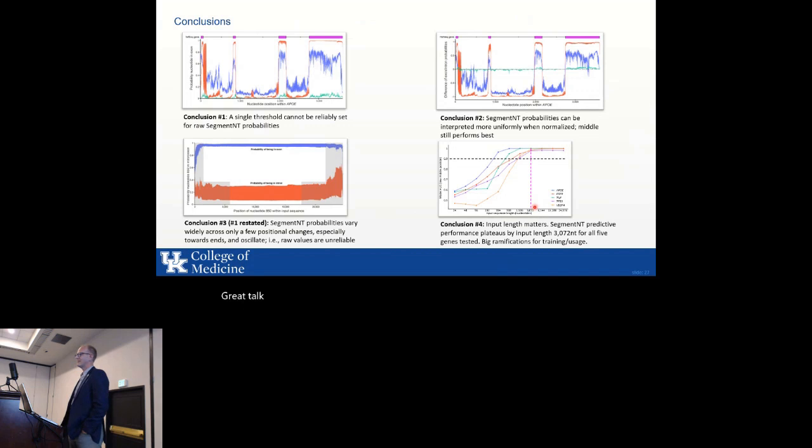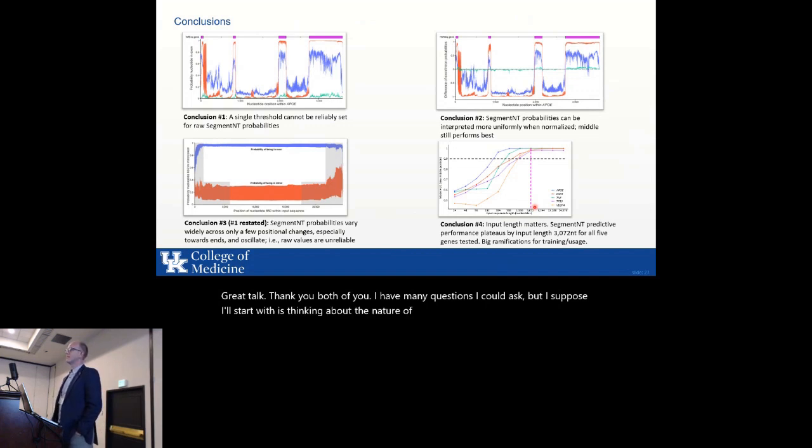Great talk. Thank you, both of you. I have many questions I could ask, but the one I'll start with is thinking about the nature of foundation modeling. You were talking about the utility of a lot of these transformer models as we move towards foundational models for biology.